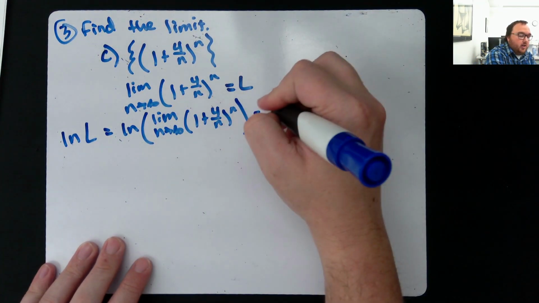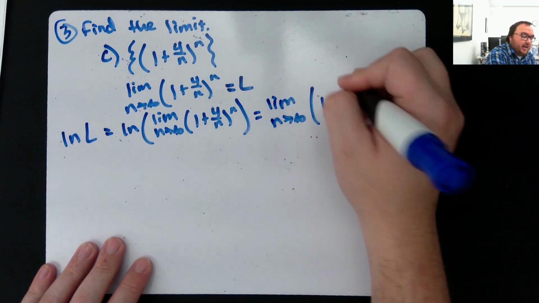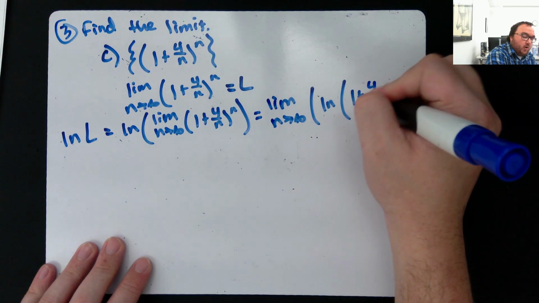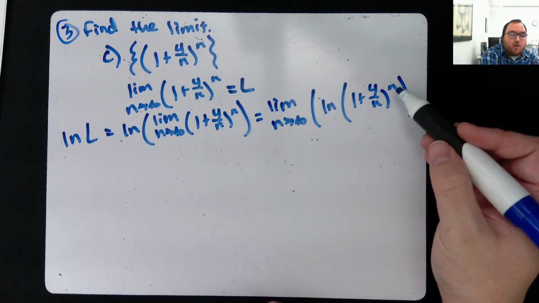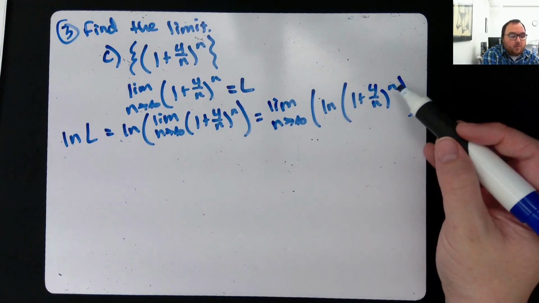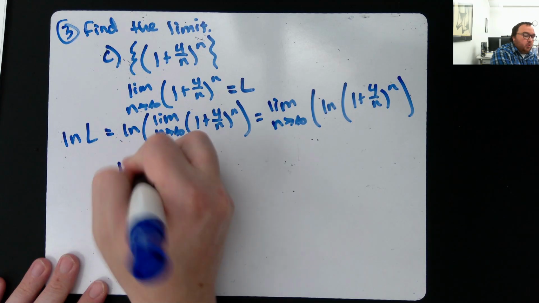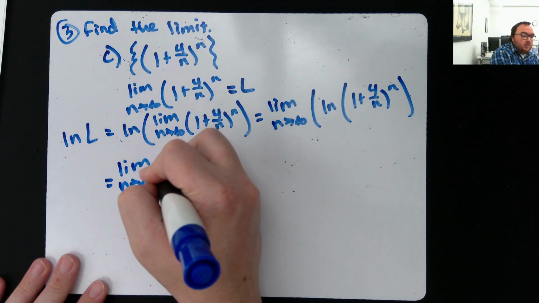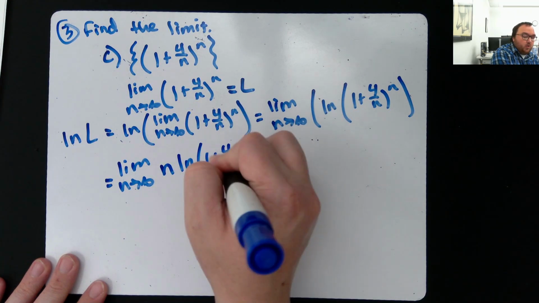This is, again, a concept from Cal 1. Make this ln of (1 + 4/n)^n. Since I have a power inside of a logarithm, remember I can bring it down to the front. That's a logarithm rule. So that's n times the natural log of (1 + 4/n).